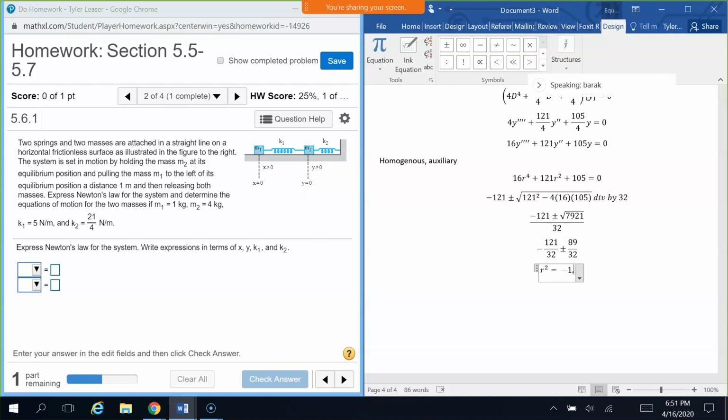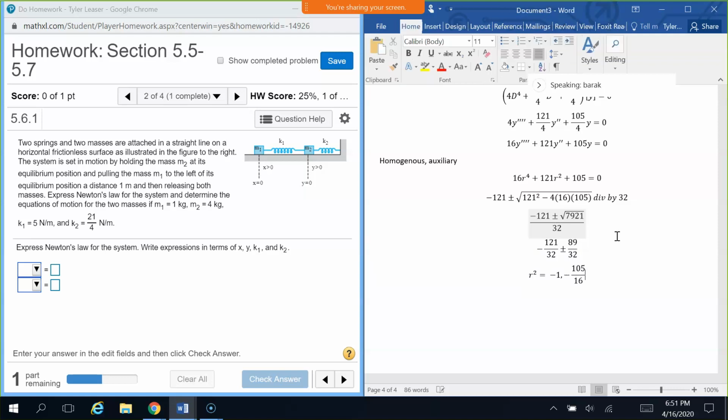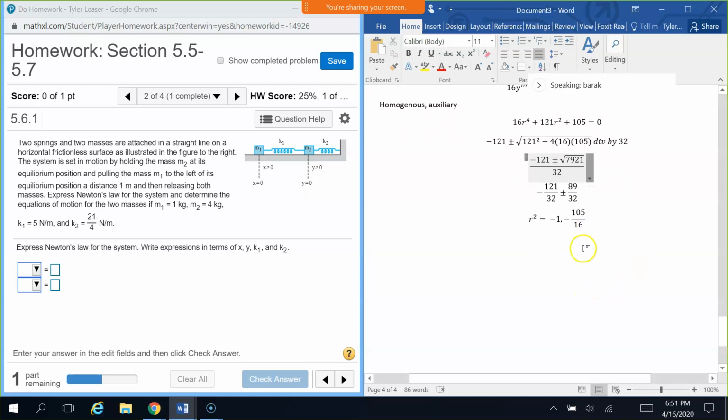I got negative 1 when adding, and subtracting them, negative 105 over 16. That's interesting. Is that really the right answer? Did I mess up somewhere? That's what I got.